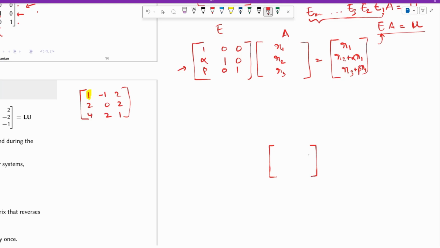When you do that, what matrix do you get? Row 2 is replaced by row 2 minus 2 row 1. So row 1 remains the same, and this will be 0.